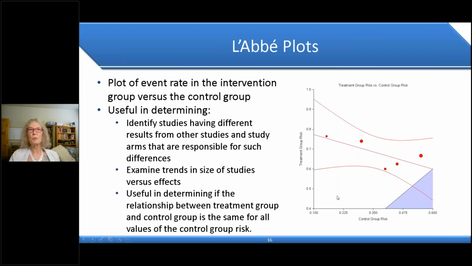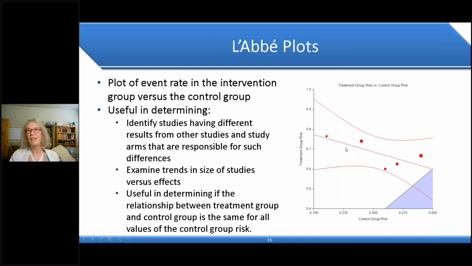Quite commonly, we'll look at trends in size of studies versus effects. So in this particular plot, you can see that's a bigger study. It's got a bigger circle than this one. So these are bigger studies, these are smaller studies. And we're looking at the size of the studies and the overall studies and effects. So you are basically looking at control group risk here versus treatment group risk.